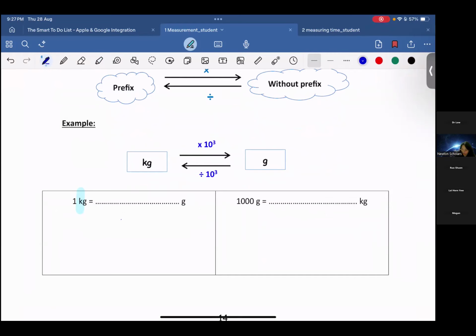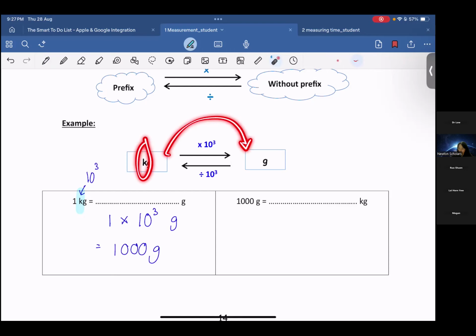I should use times. So 1 times what? K represents 10 power of 3. So 10 power of 3 gram. My answer will be 1000 gram. From prefix to non-prefix, we use times.